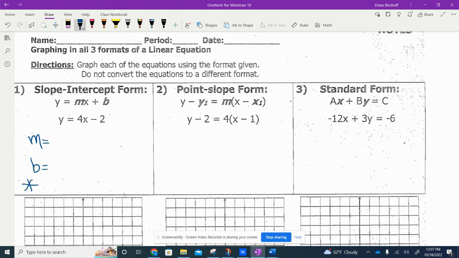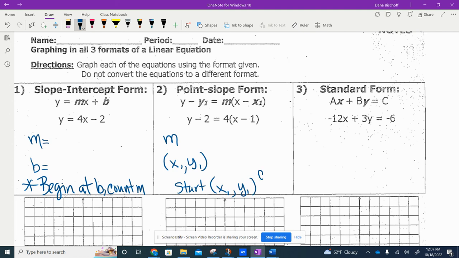Remember that when you have an equation written in the form y equals mx plus b, you begin at b, and then you count your m. This equation gives you your slope and an ordered pair, your x1 and your y1. So you start at the x1, y1 coordinate, and then you count m.